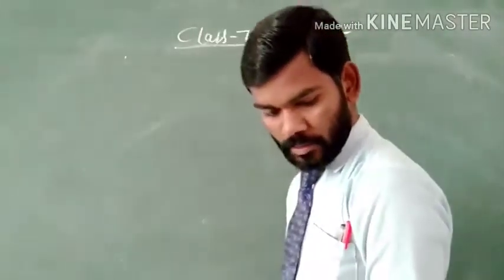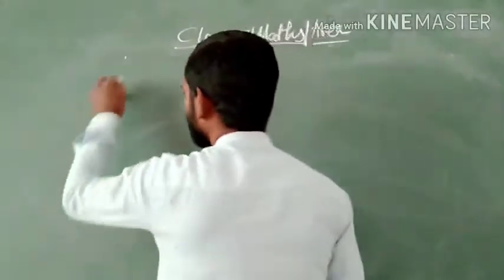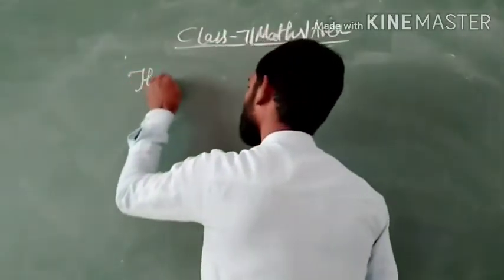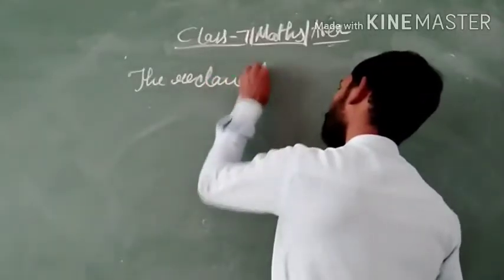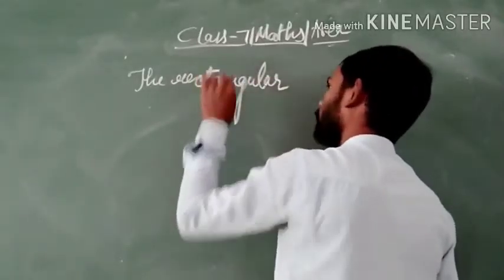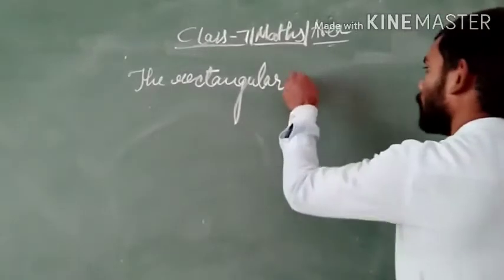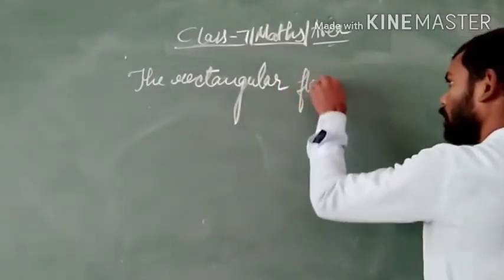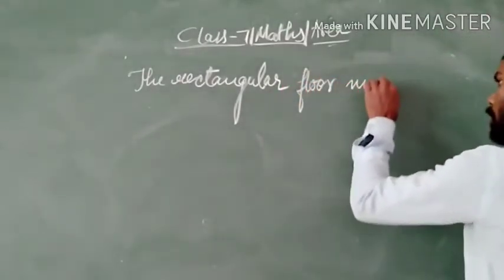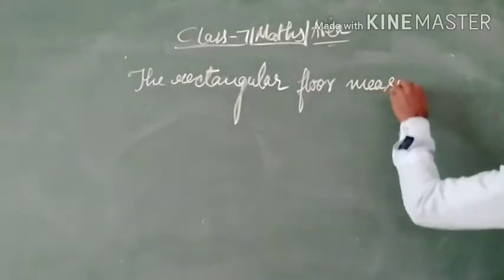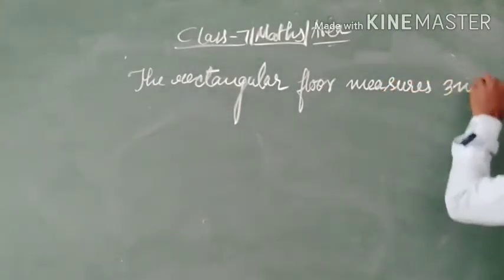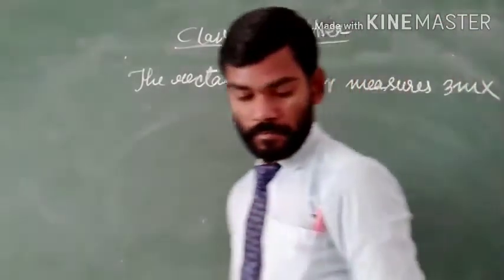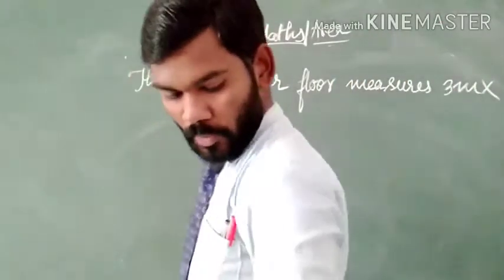The rectangular floor measures 3 meter into 3.6 meter.